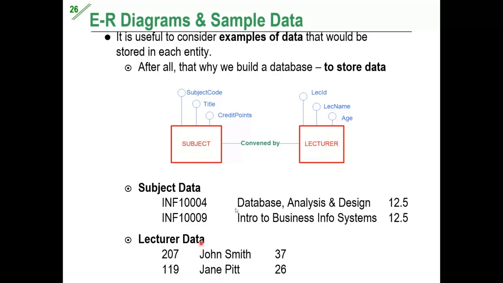Lecturer ID 207, that is this one. John Smith is the lecturer's name, and 37 is the age of the lecturer. So these are the instances of these attributes. I have two records, or two instances, in this particular entity.